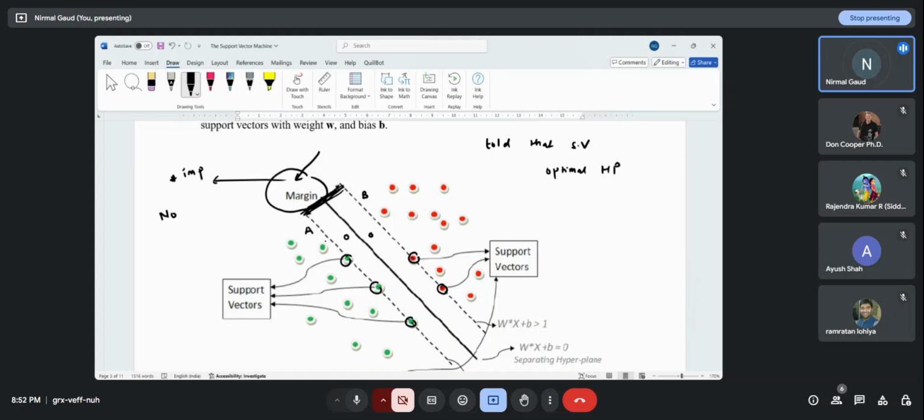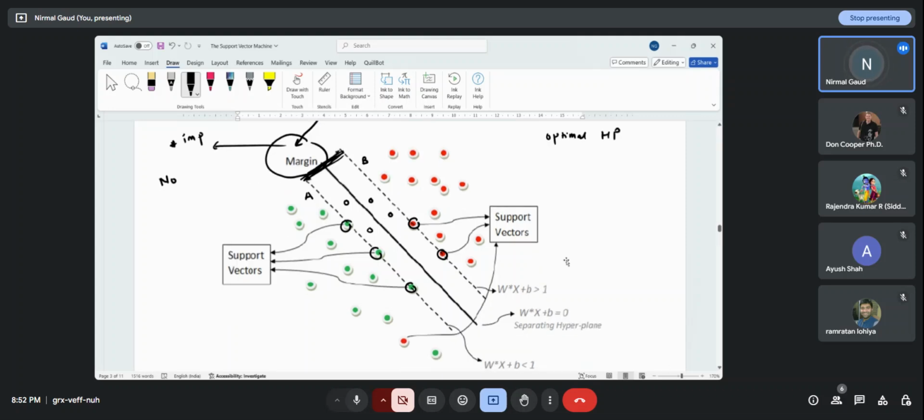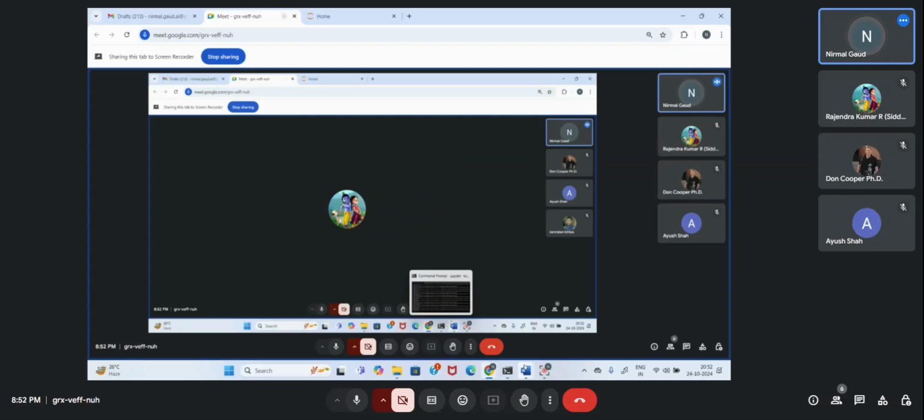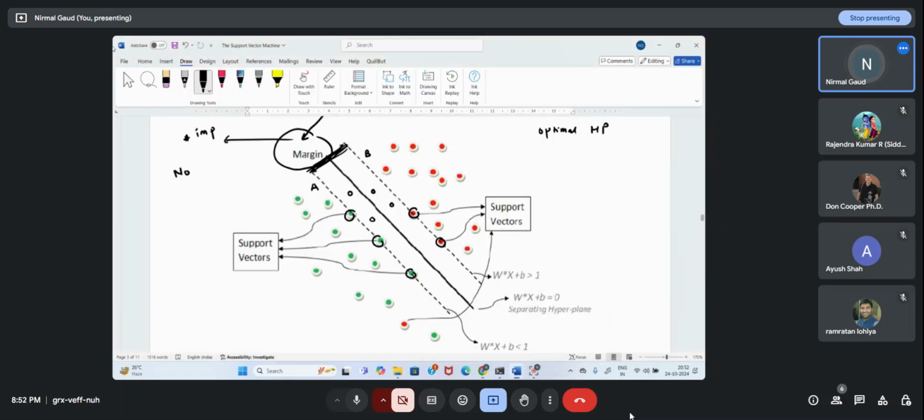Okay, if it happens that a red point will come here and a green point will go there, it's a misclassification. Okay, fine. So let me share my entire screen and explain this concept thoroughly, because it's very much important to understand support vector machine and its working.